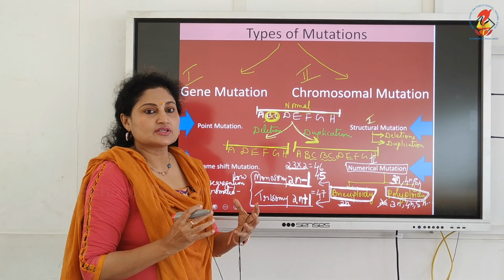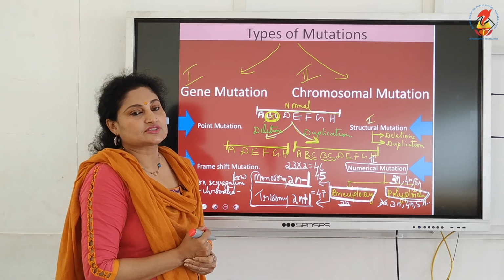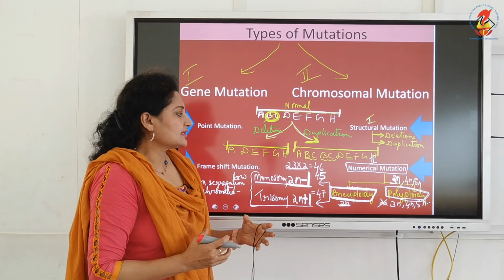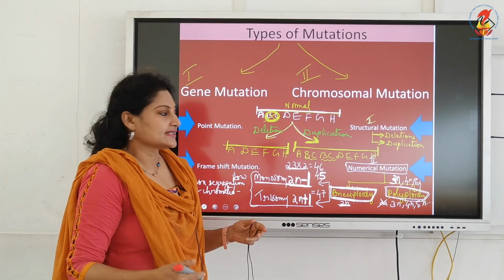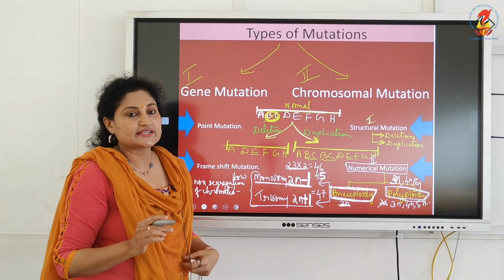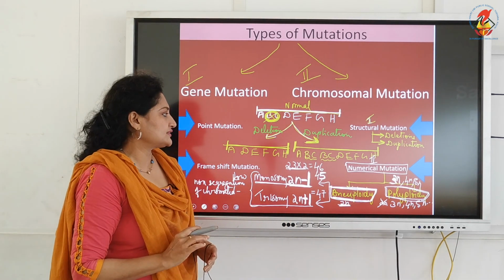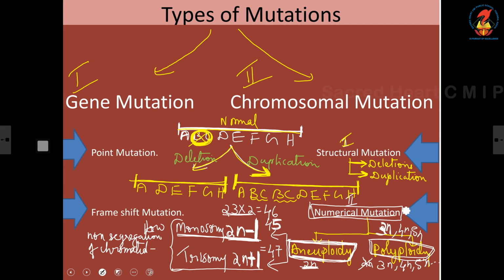Actually, we know after karyokinesis it should be cytokinesis, but sometimes cytokinesis does not follow, and as a result the number of chromosomes increases in sets. It can be 3n, 4n, 5n, etc. So failure of cytokinesis after telophase. Of all these types of chromosomal mutations, the numerical mutation is the most important. It can be asked as the difference between aneuploidy and polyploidy.